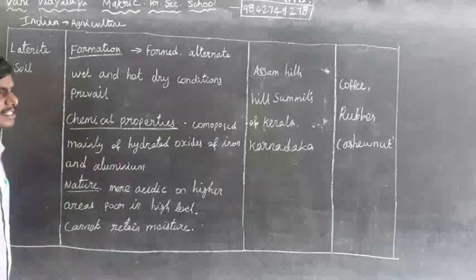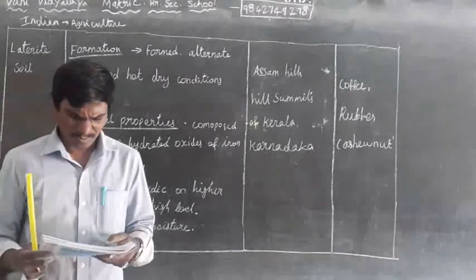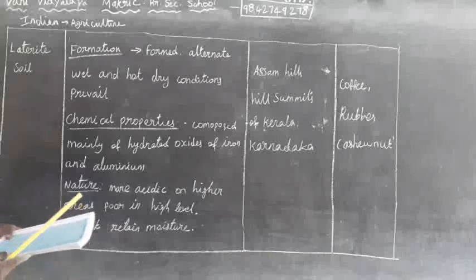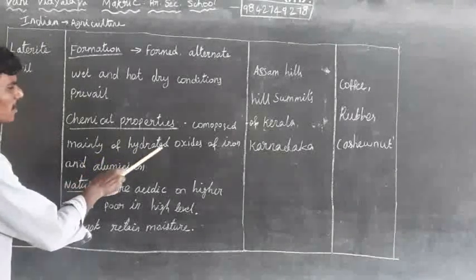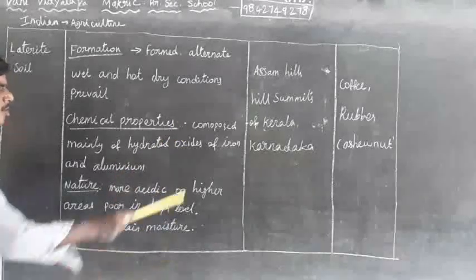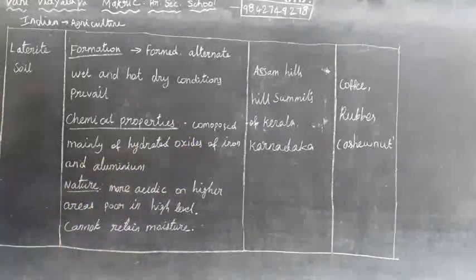Chemical properties: the laterite soils are composed mainly of hydrated oxides of iron and aluminium.